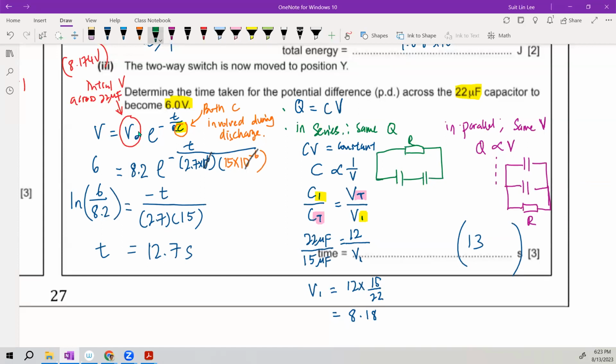So you will do this because they have the same potential difference. Q is proportional to V. Okay. And then the second thing is if you want to do the discharge equation, just make sure that you take one of the capacitors, and then at the end of the day, this C will involve both capacitors. So go and take the total capacitance.